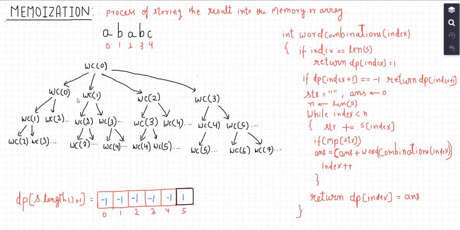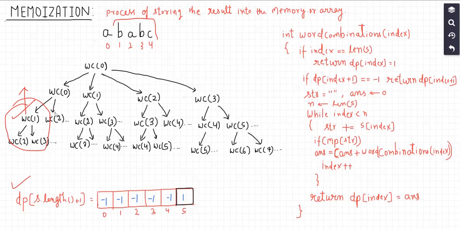What is memoization? Whatever the results are computed at any index, for instance, the function WC11 will give me the results for the string BABC. Fine. And if I store that result in an array, then I do not have to compute the result again.